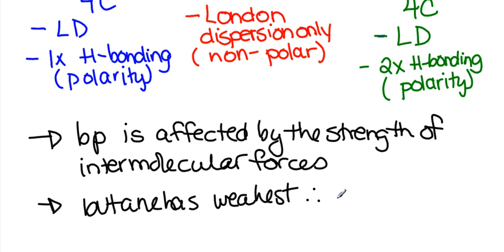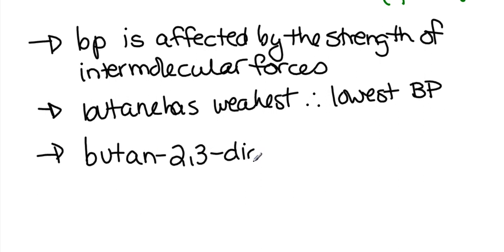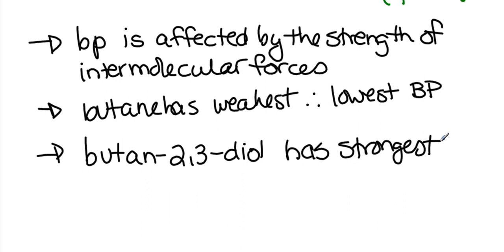Since it has the weakest, it will have the lowest boiling point of the three. Then we have to justify which one's higher. The butane 2,3-diol has the strongest. Therefore, it's going to have the highest boiling point of the three.